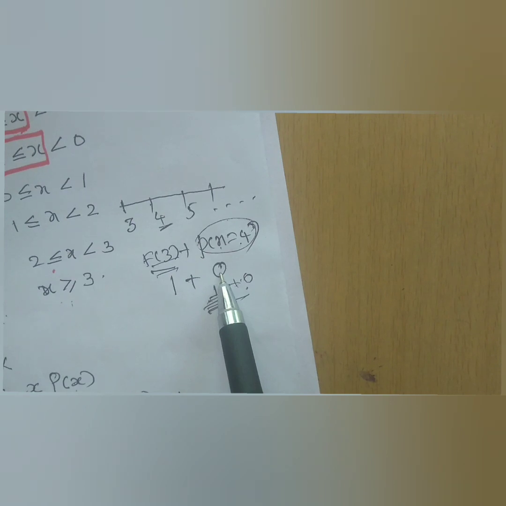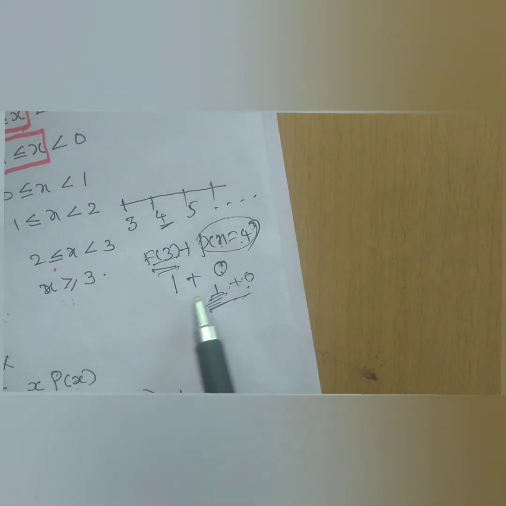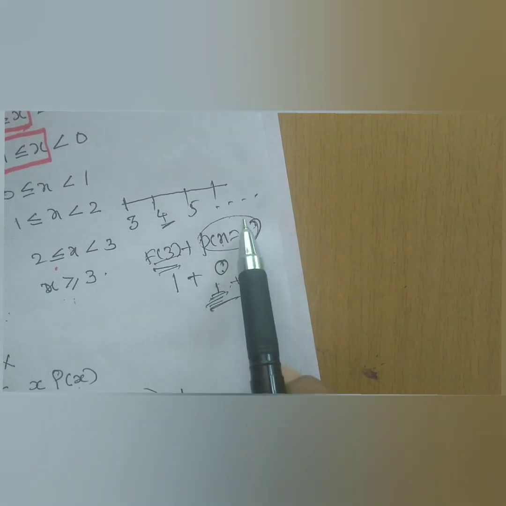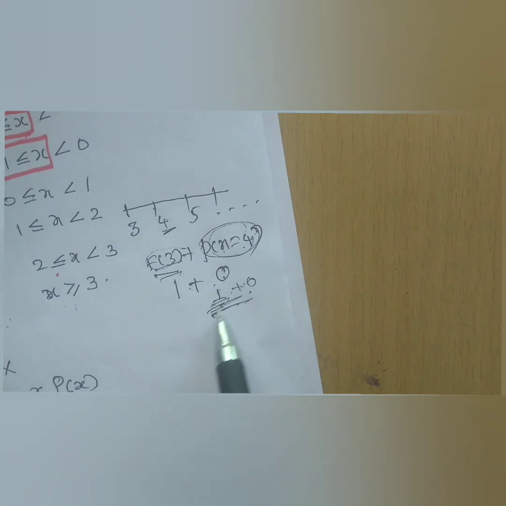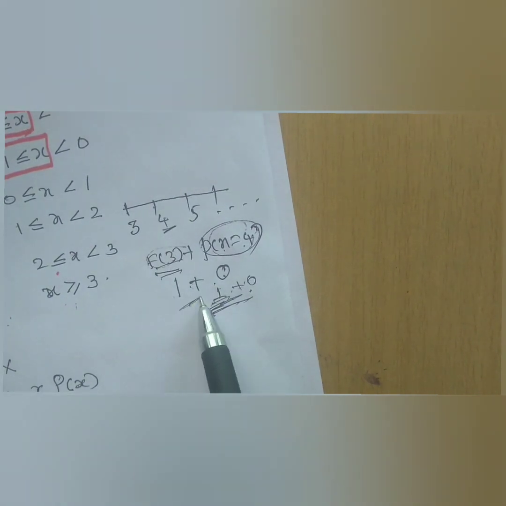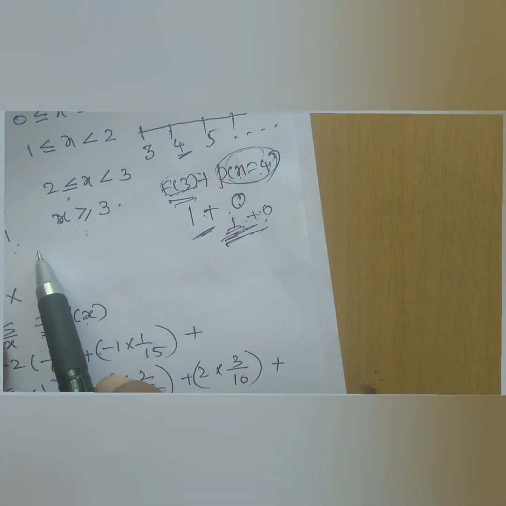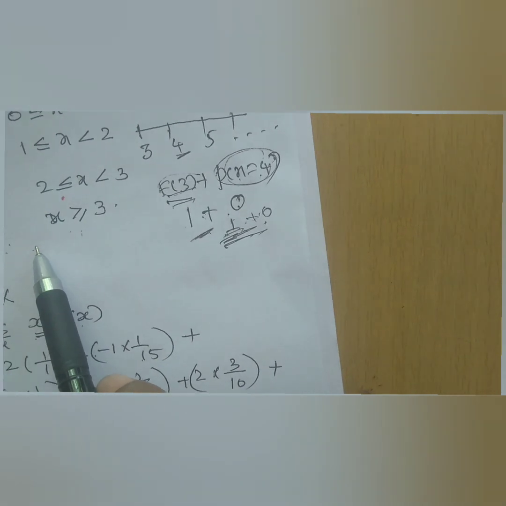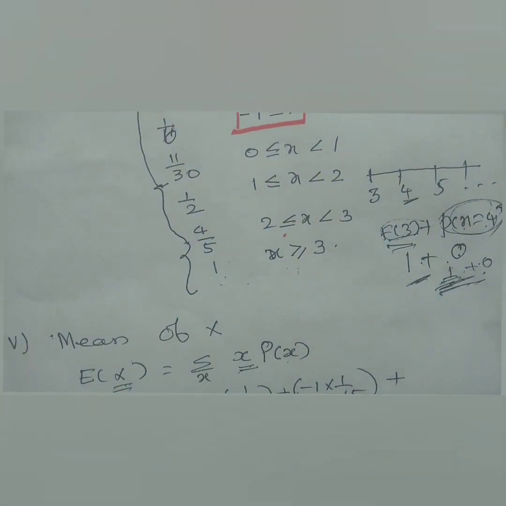We have the values up to 2 and 3 only. So other than 3, value is equal to 0. So this value is equal to 0. But f of 3 is equal to 1. 1 plus 0 is equal to 1. So for all values greater than 3, its value is equal to 1. So here we write x greater than or equal to 3 is equal to 1. So this is the cumulative distribution function for the given random variable.